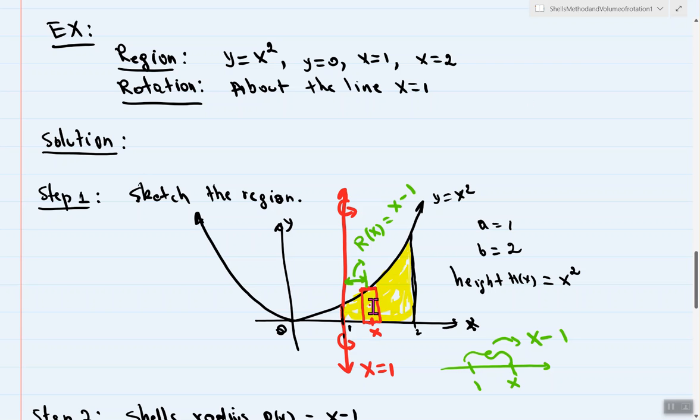So we go between x equals 1 and x equals 2, and we pick an x. x is any point between 1 and 2. From x we trace vertically to the curve, and that's when we draw our cross-sectional rectangle.